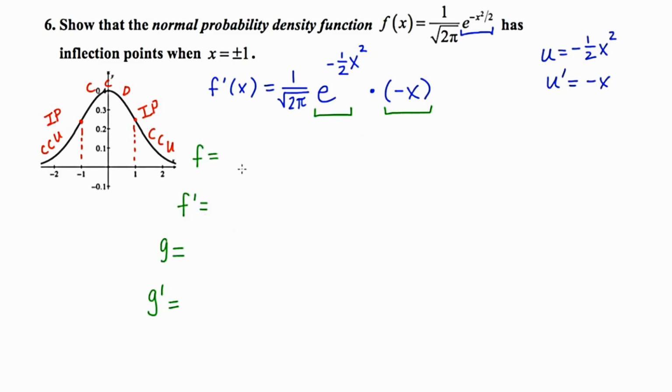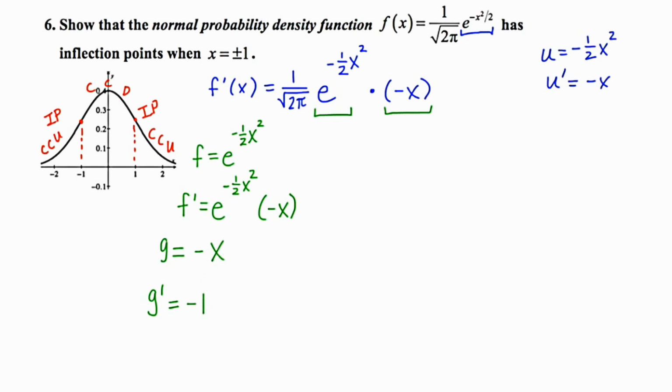So the first function is e to the negative 1/2 x squared, and its derivative is going to be a restatement of that exact problem times the derivative of the exponent. We just did this, so that's going to be times negative x. And the second function is negative x, and its derivative is negative 1.